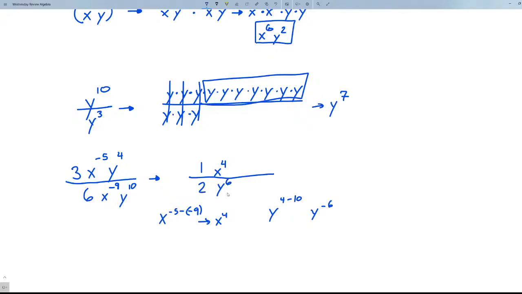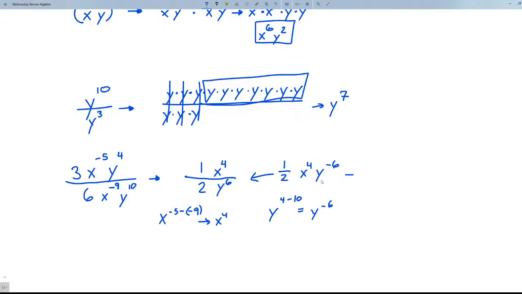Now, if you don't realize that right off the bat, that's okay. You know what you do? Let's rewrite this real quick. So let's say we didn't realize that if we get a negative, we just automatically put it at the bottom. Well, this is what you do. We have our 1/2, we have our x to the 4th, we got our y to the -6, and then just simplify from there. And I should have gone the other way. Let's point the arrow the other way.